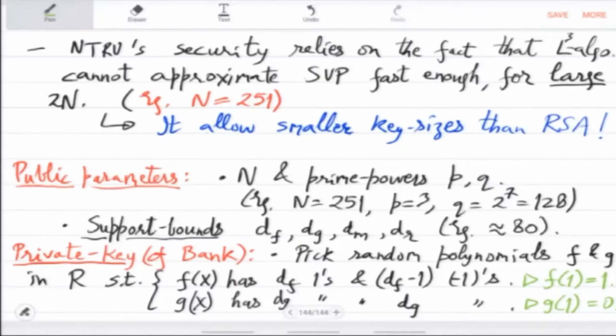And even after picking the positions, you still have to decide on the plus or minus 1 sign. So there are at least 2 raised to 80 possibilities. And the bank picks one of them and keeps it private.